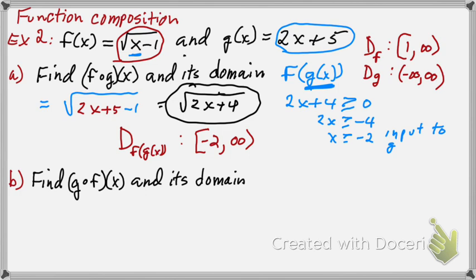Let's look at B. Now I want G of F of X and its domain. So I'm saying, now what comes first? F of X. And that's what Peyton was thinking about. So it means every place in G that has an X, I'm going to replace with F. So I've got 2 times the square root of X minus 1 plus 5.